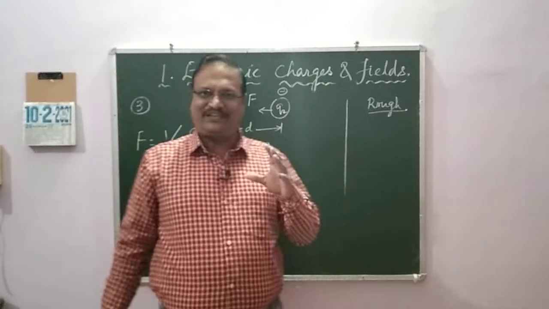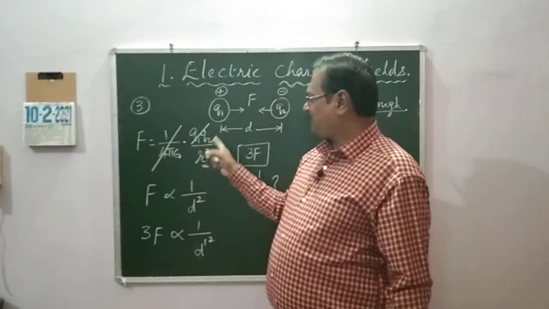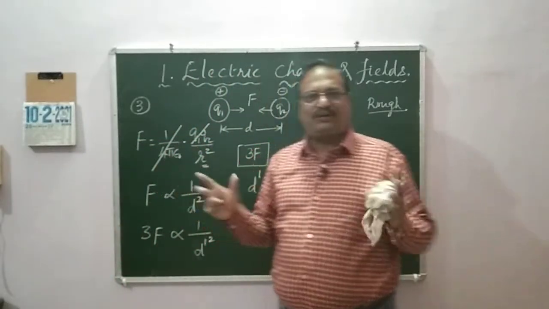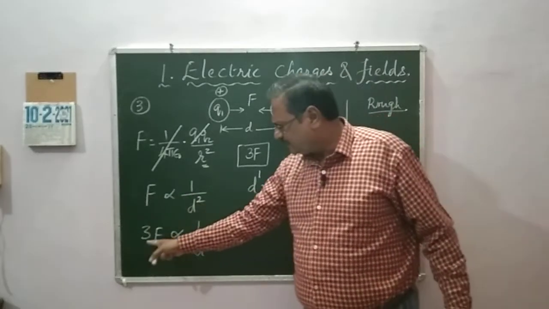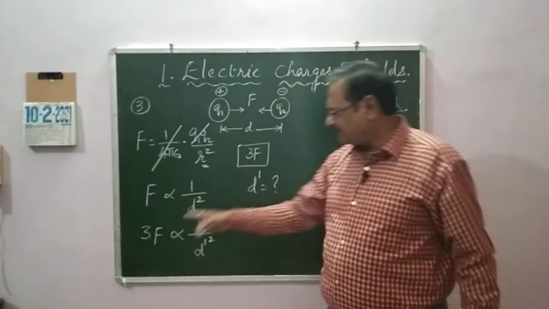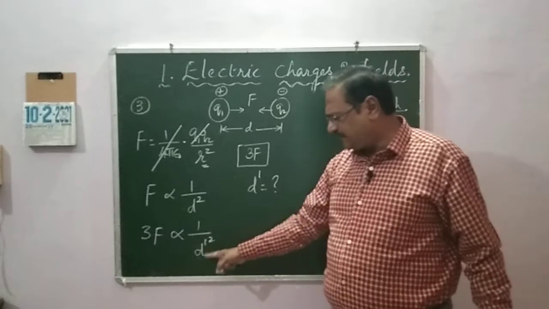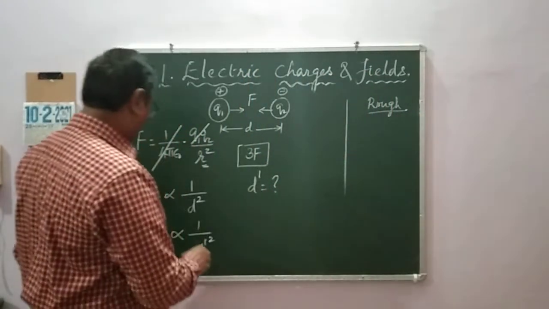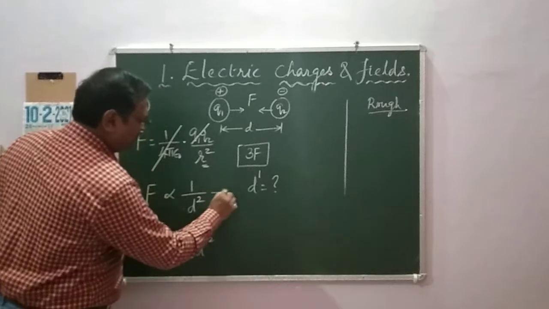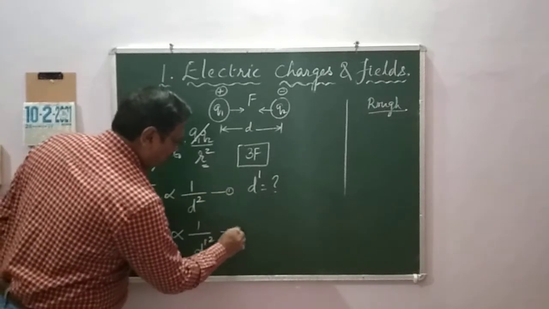Now understand carefully, because by removing these factors we simplify the whole process. We know it is inversely proportional, and here for the force to become 3 times F, what should be the distance? D dash square. Yes, when I have done that, let me call this equation 1 and equation number 2.